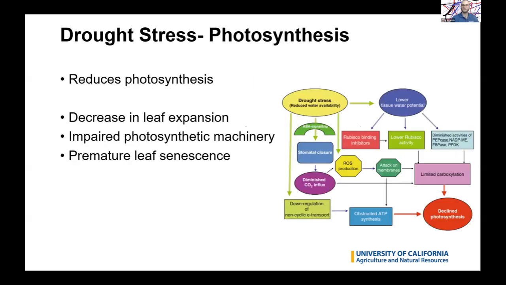Going into photosynthesis here, you can see that very complicated diagram there on all the different ways that drought affects the normal operation of the tree's life. So it's affecting photosynthesis in a ton of different ways. You know, decrease in leaf expansion. The photosynthetic machinery itself is reduced and impaired because it doesn't have the water.